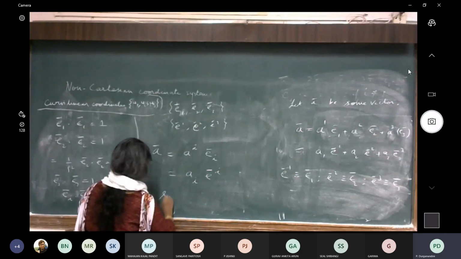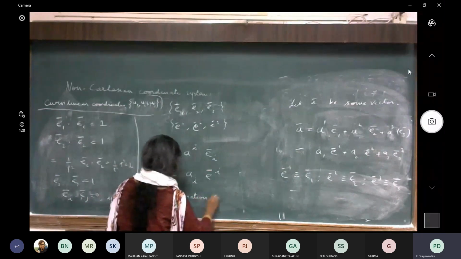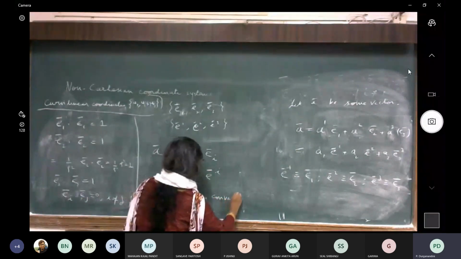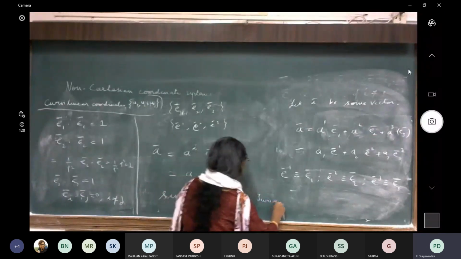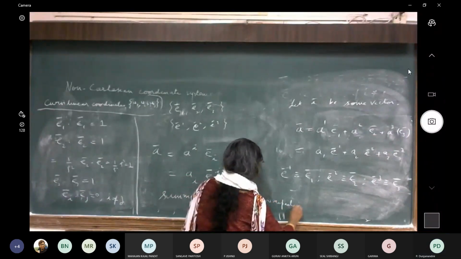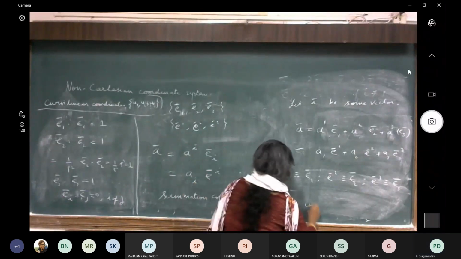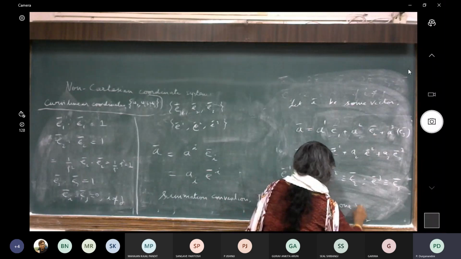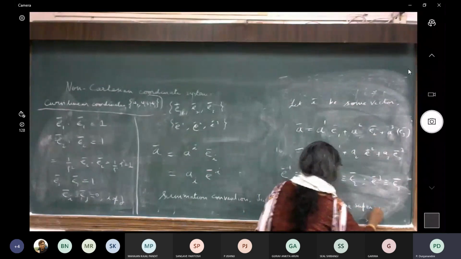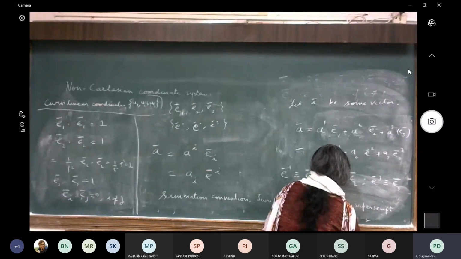So now your summation convention is that repeated indices appear one as a lower index, or one as a superscript, and one as a subscript.